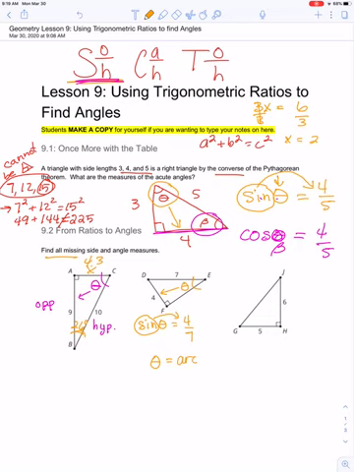Arc sine, or sine to the -1, of 4/7. So I get that my theta is equal to, if you plug that in the calculator, 35 degrees. With measurements, just use whole numbers. They're easier to work with. So we get 35 degrees.